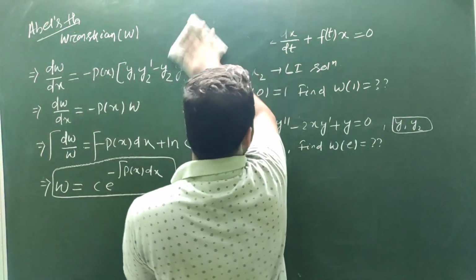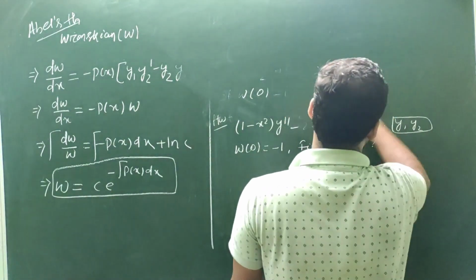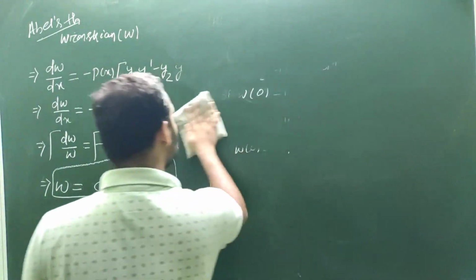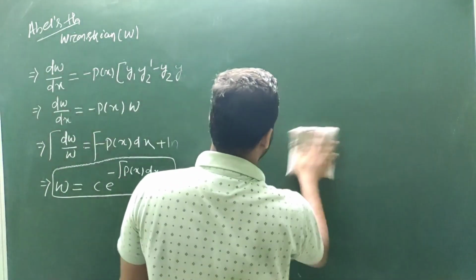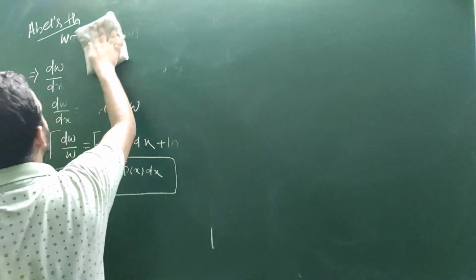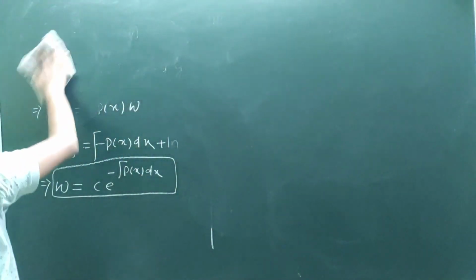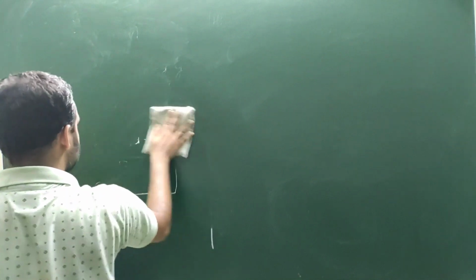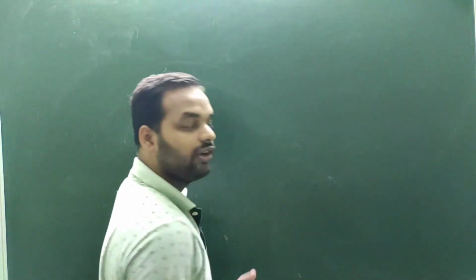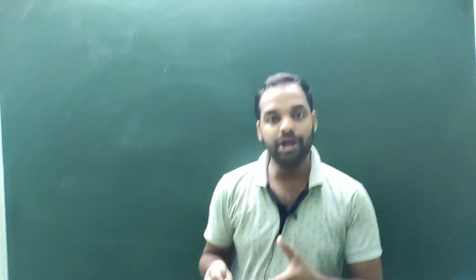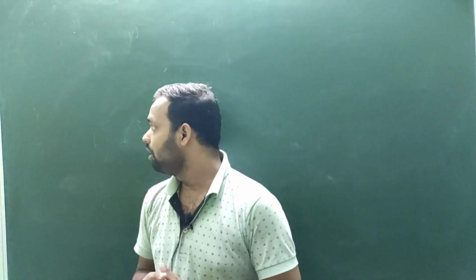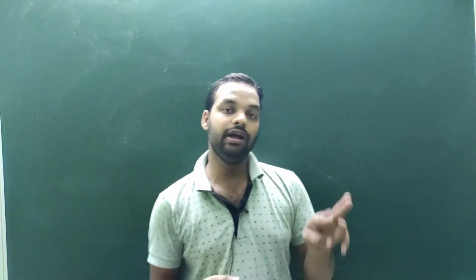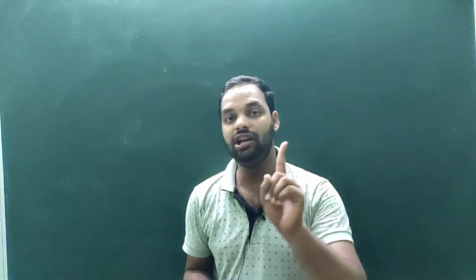Without wasting any time, let me go to the next section, that is how to solve a coupled system where we have simultaneous differential equations. Basically we will have two or more differential equations with two dependent variables but one independent variable.